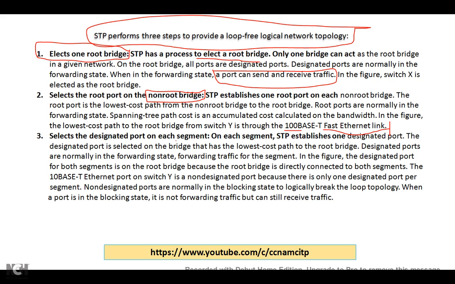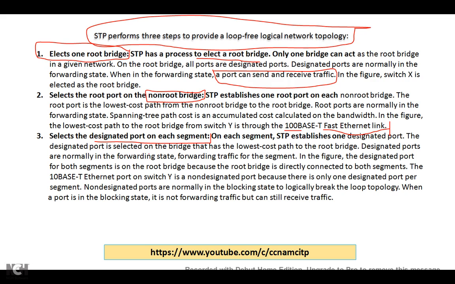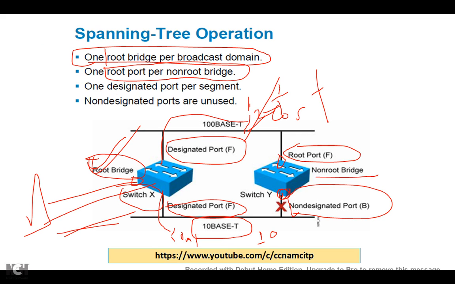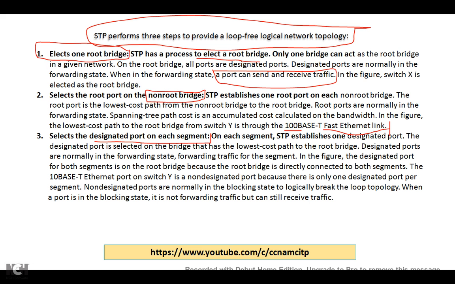Select the designated port on each segment. Now we have to select one designated port on each segment. Segments means what? This is one segment and this is one segment. How does it happen? On each segment, STP establishes one designated port.